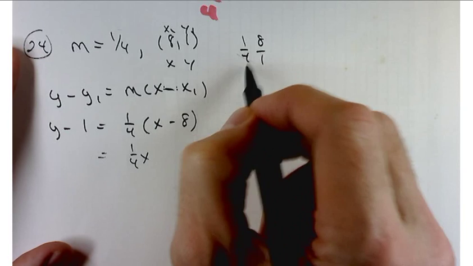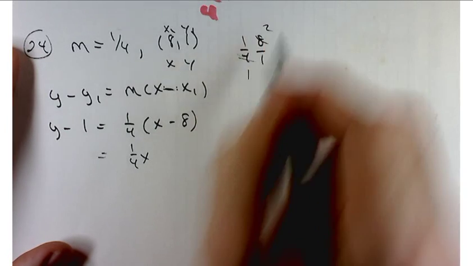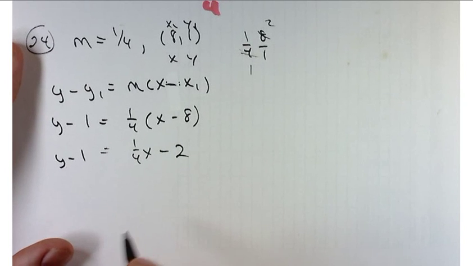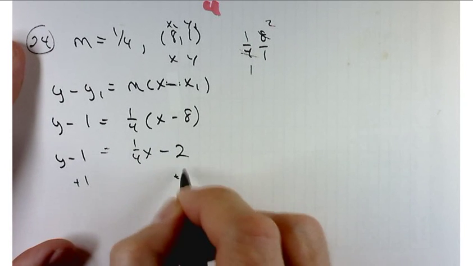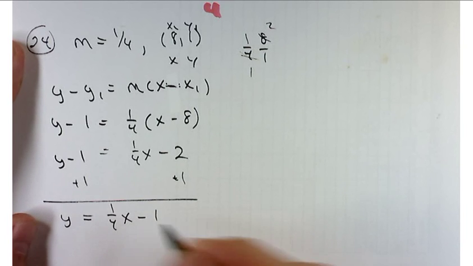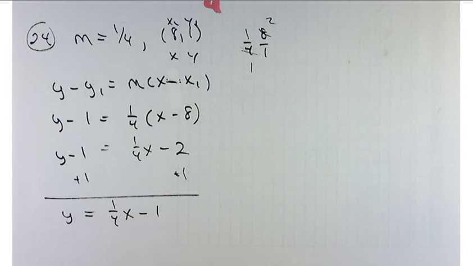You get some cancellation. 4 goes into 4 once and into 8 twice. Last but not least, add 1 to both sides. y equals 1/4 x minus 1. Yay. Were most of you able to get that one? Okay.